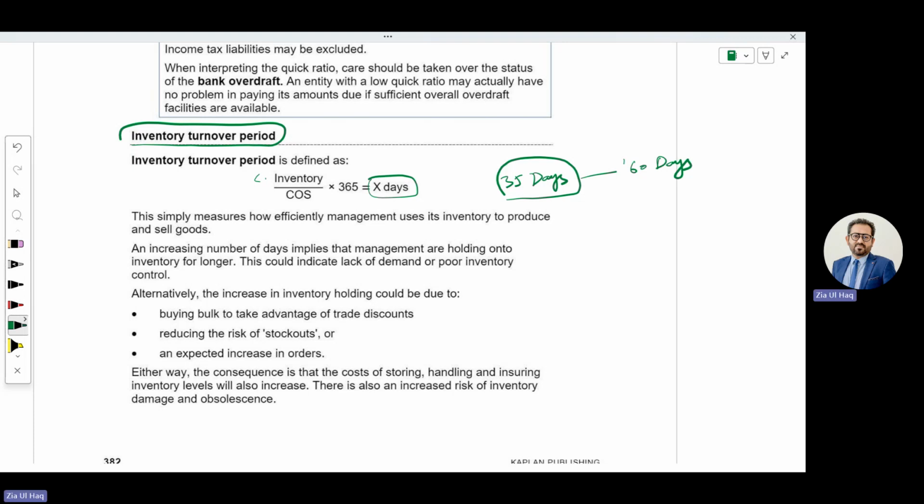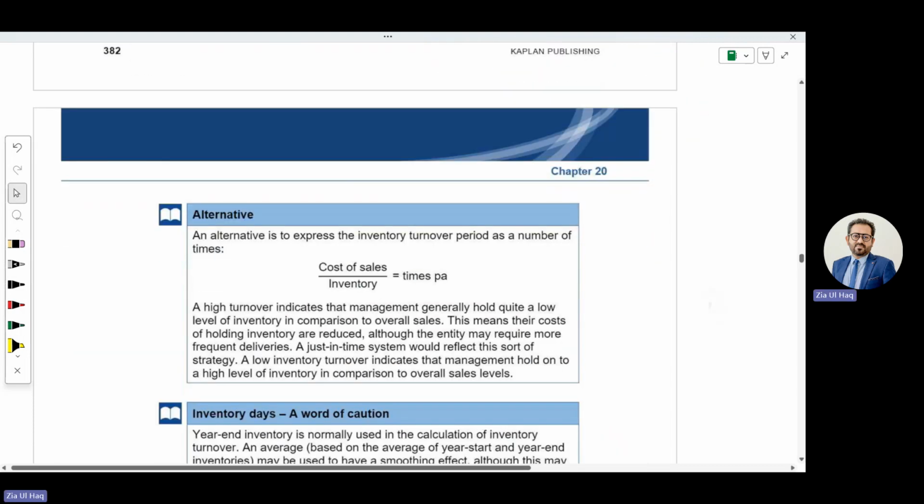If inventory days has increased to 60 days, this means inventory remains stuck in the business for 60 days. After 60 days, it will convert into sales. So this is poor. Fewer days, better. More days, poor.